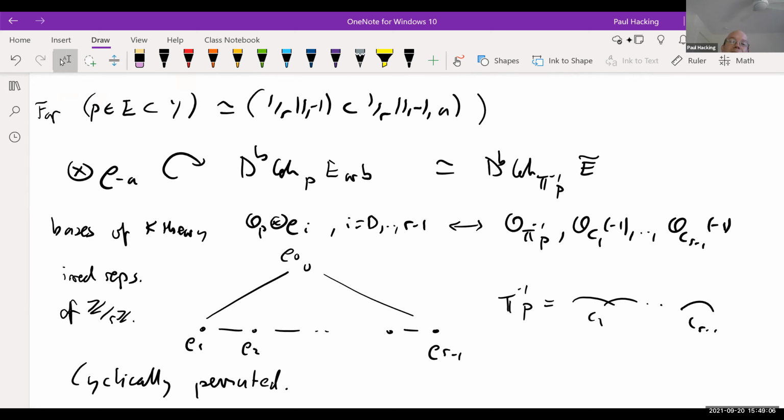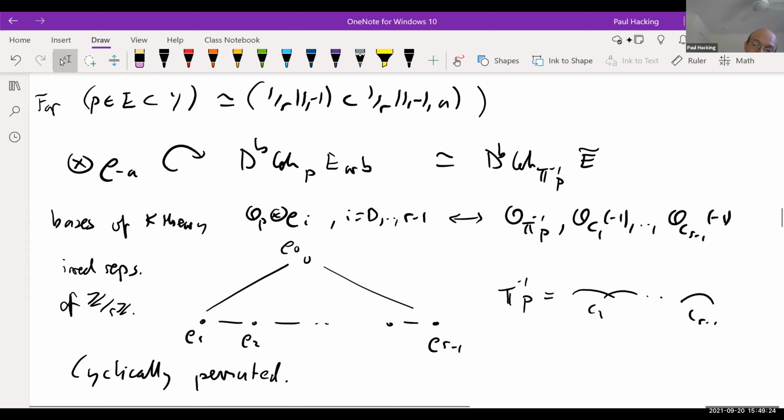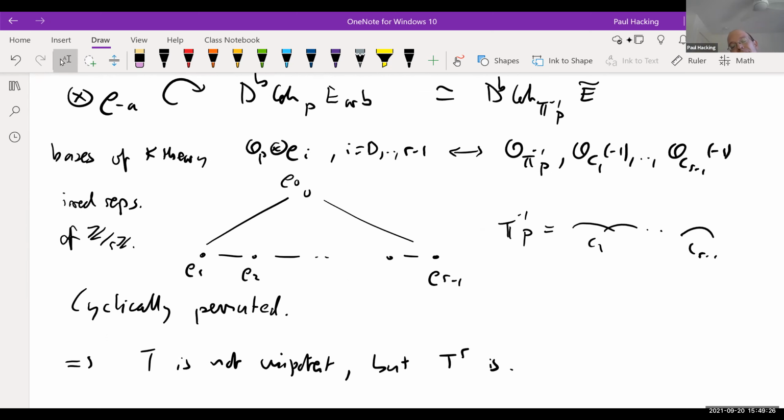We're just tensoring by some non-trivial representation of Z mod RZ. So you get this cyclic permutation, and you can see visibly this is not a unipotent action. But of course the Rth power is unipotent. Okay, so that was the main point of my talk.